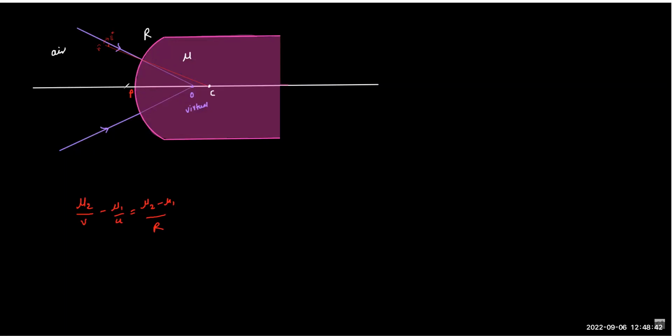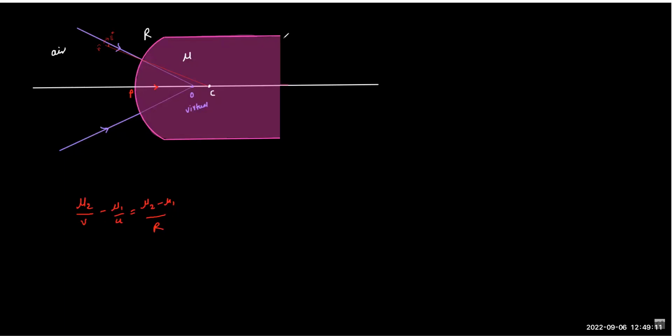And because P to object is in the sense of the incident ray, that will become positive in sign. Understood? Yes, sir. So u is clear, mu1 is clear, mu2 is clear. We never comment about v because v is something that the entire equation will decide.